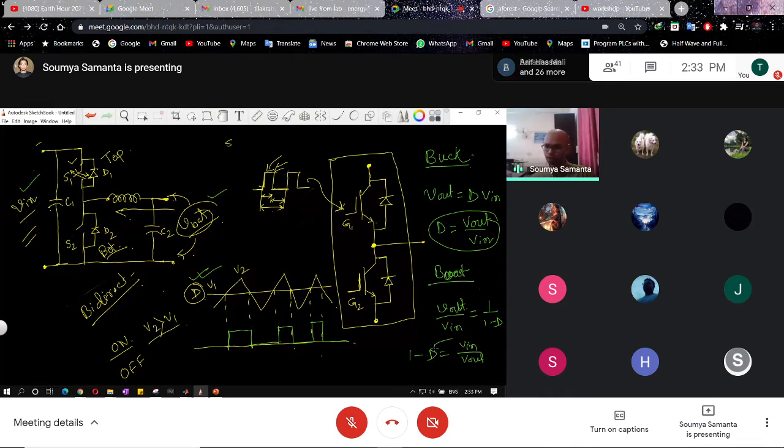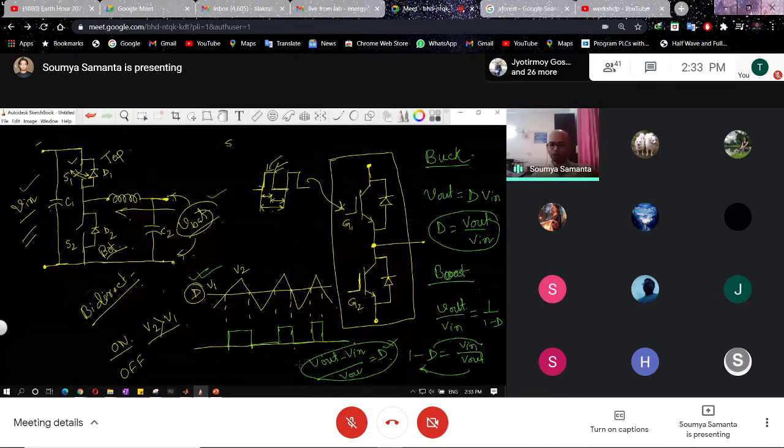So D will be 1 minus that, which is V out minus V in by V out. So that is how we can generate the duty cycle.